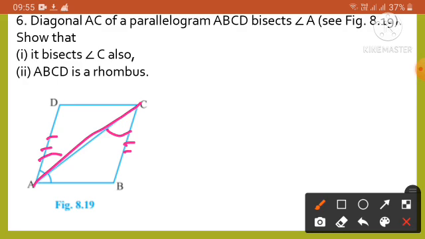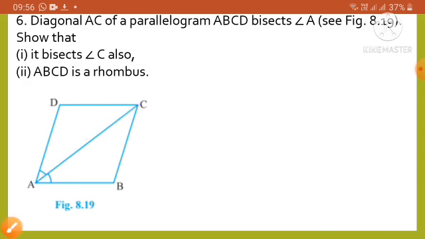So this angle is equal to this angle. That means angle BAC equals DAC. As AC bisects angle A, from all these we can say that angle DCA is equal to angle BCA. Got it?